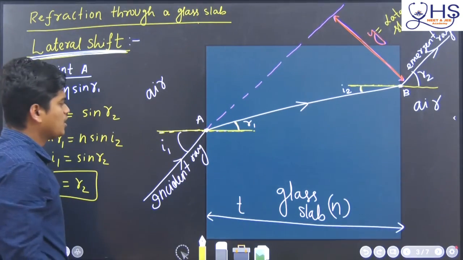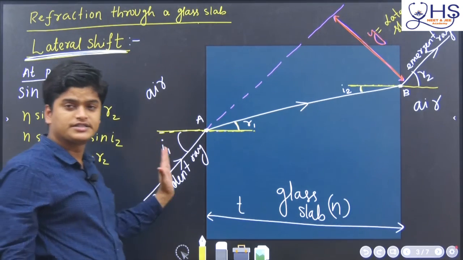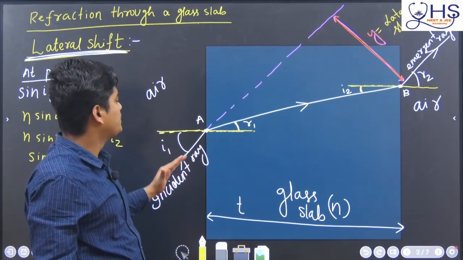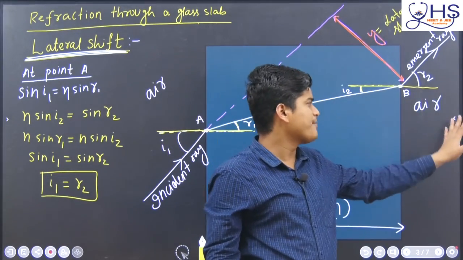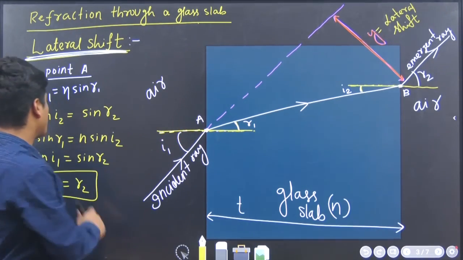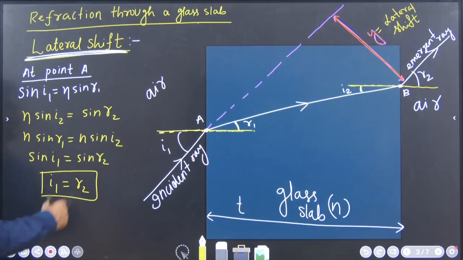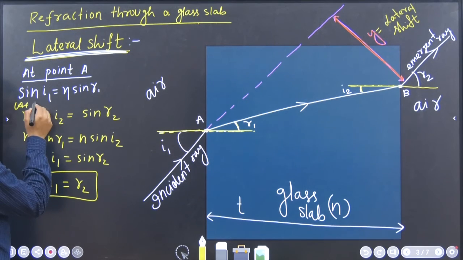So remember, if a light ray is coming, here it is I1, the incidence angle I1, and it is going again to the same medium, then this emergent angle is basically R2, then I1 will become R2. From where are you getting this? Just applying Snell's law. This is at point A you are applying and this is at point B you are applying.